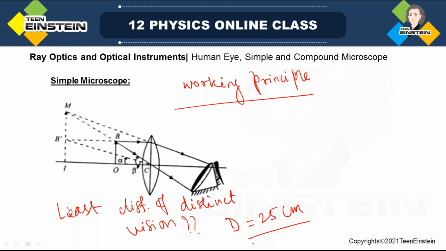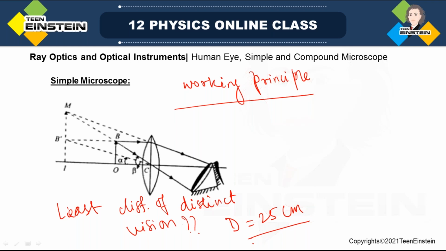So what do you mean by least distance of distinct vision? The minimum distance at which if you keep an object you can see it very clearly and distinctly without much stress.